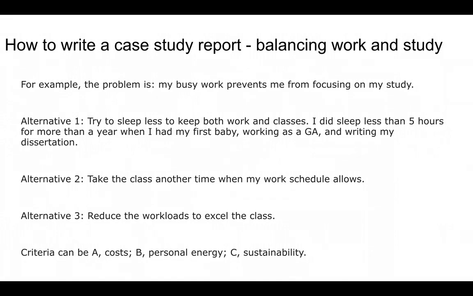I only came up with three different solutions, but obviously you can have more potential solutions, and then you come up with a set of criteria. A set of criteria means you can have various different criteria. It doesn't always have to be three. You can have four, five, six, etc., as long as you think these criteria are important in evaluating your alternative solutions.